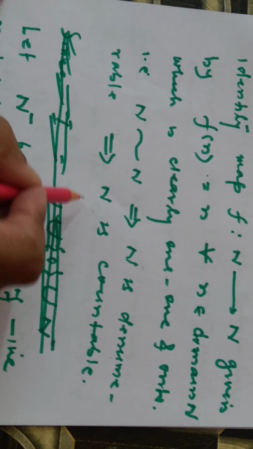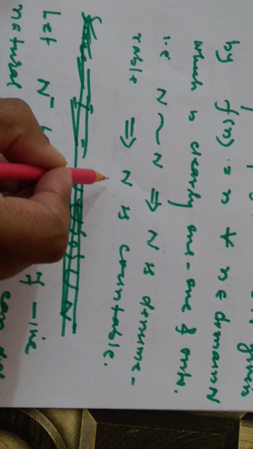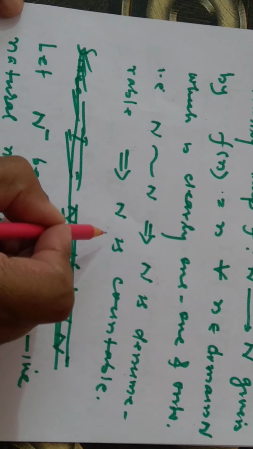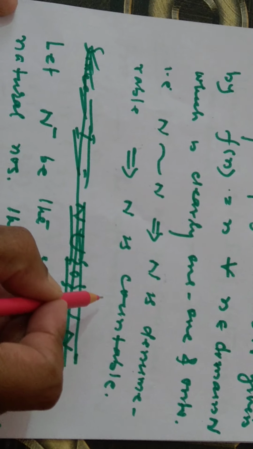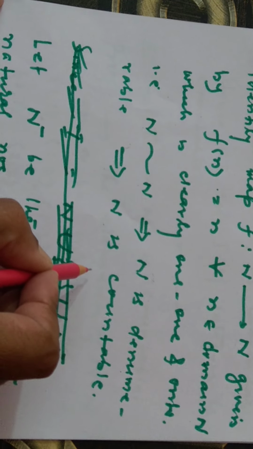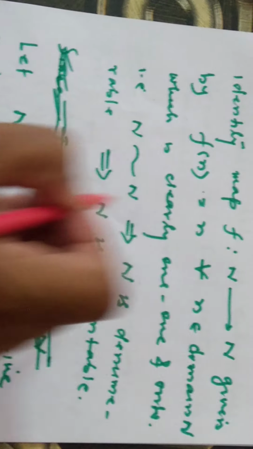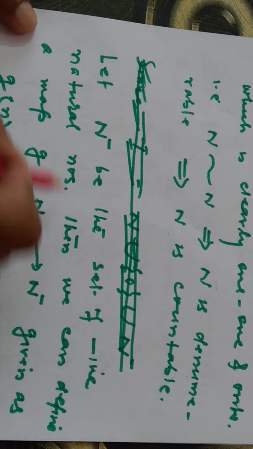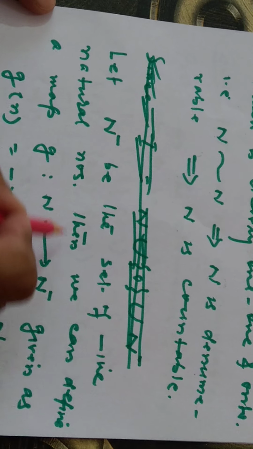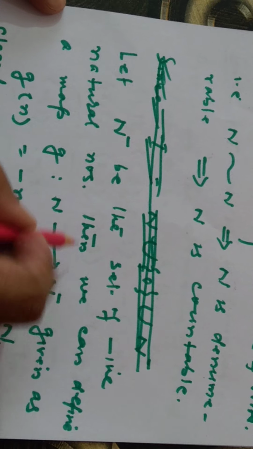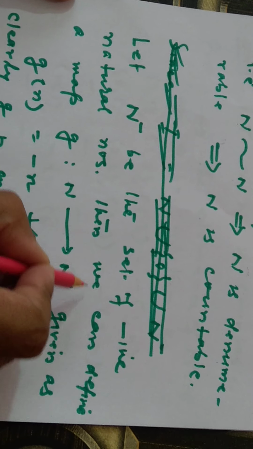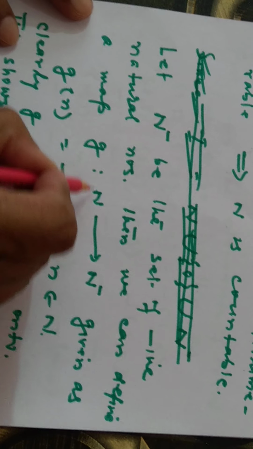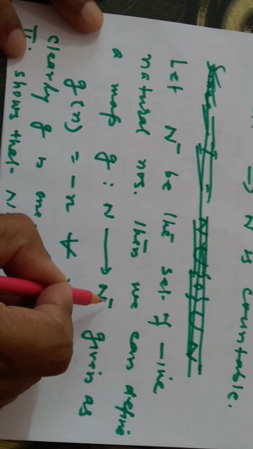So such a question can also be asked from you students, that prove that the set N of natural numbers is countable, and students are advised to prove this like this. Let N minus be the set of negative natural numbers, or negative of the natural numbers. Then we can define a map G from N to N minus.